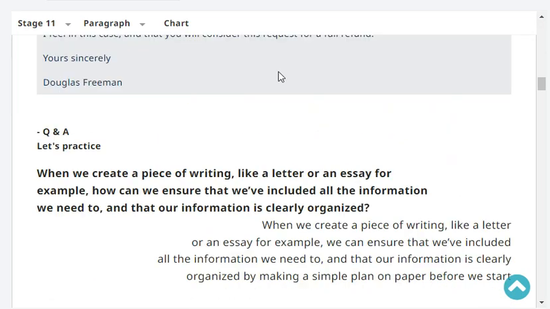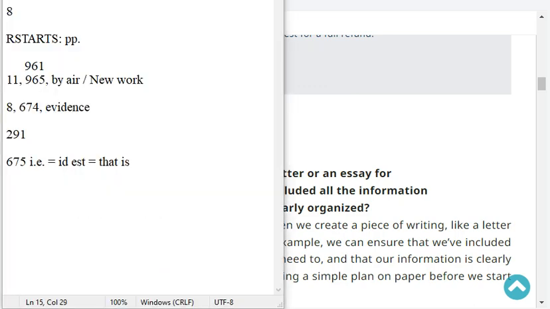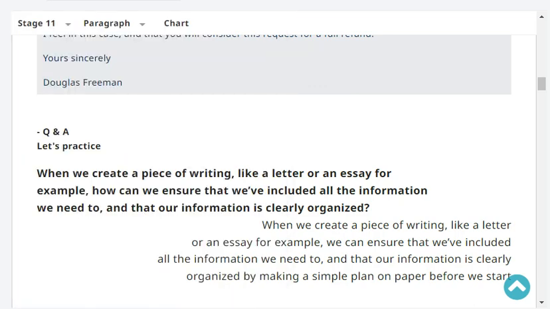First question. When we create a piece of writing, like a letter or an essay, for example, how can we ensure that we've included all the information we need to and that our information is clearly organized?